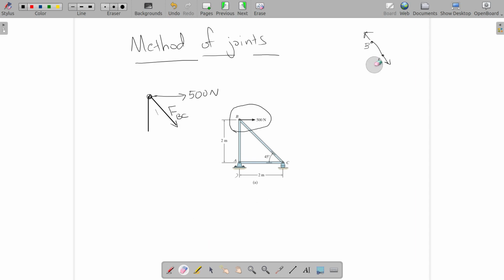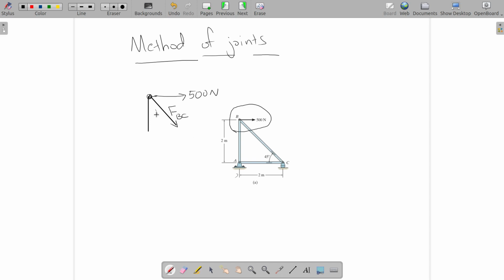I hope you have understood what I've just said. Tensile means, always think about the rope. If there is a rope connected to this joint, let's say BC is not a member, BC is simply a rope. A rope will always try to have forces away from the joint.